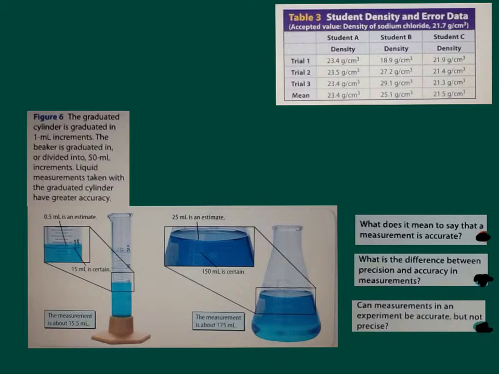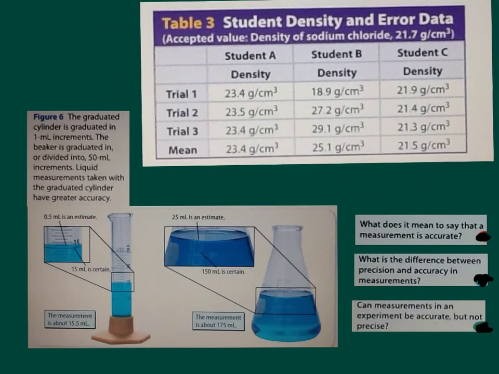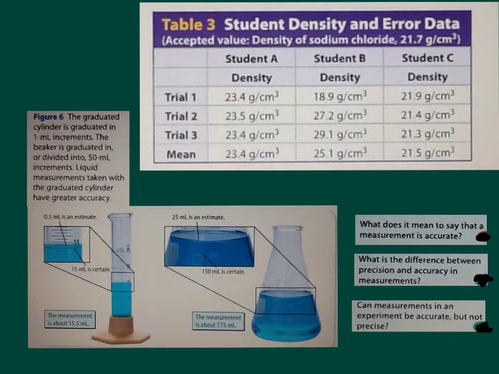Accuracy is a description of how close a measurement is to an accepted value. We're going to use this table right up here to differentiate between precision and accuracy.